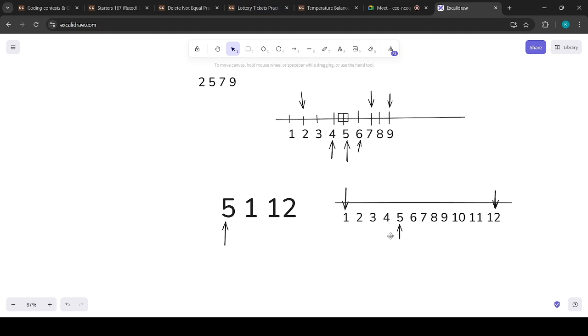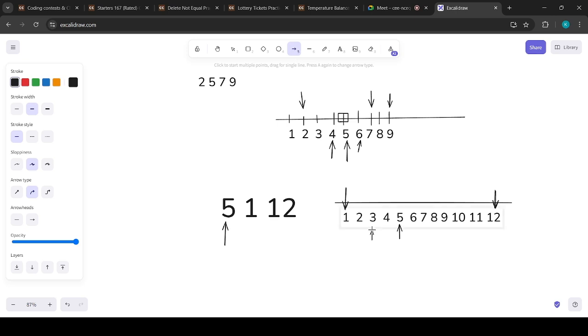So we can take the numbers from 5 to 3 and from 5 to 9. No, only 8, because 8 is distance 3 from 5 and distance 4 from 12. So we can take the numbers in the range 3 to 8 only.